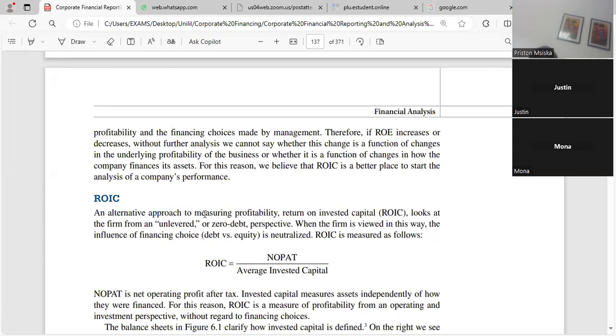You compare that with your average invested capital. So the return on invested capital is equal to NOPAT, which is net operating profit after tax, divided by average invested capital. Average invested capital, you find in the same way we found average shareholders' equity. You just take the average of the opening and closing balances.